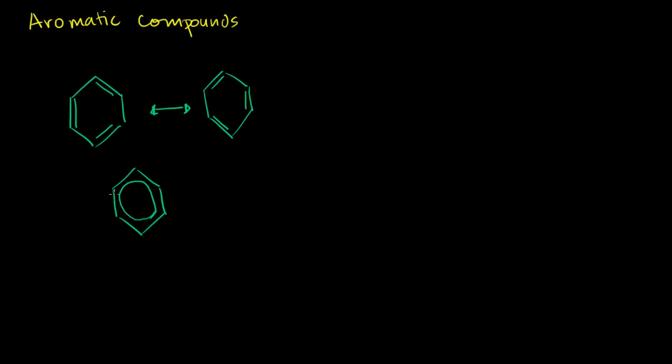They're just spreading around the entire ring. And what makes aromatic compounds interesting is that because these pi electrons can spread around the entire ring, it's a much more stable molecule than what you would predict if you just looked at one of these two configurations.